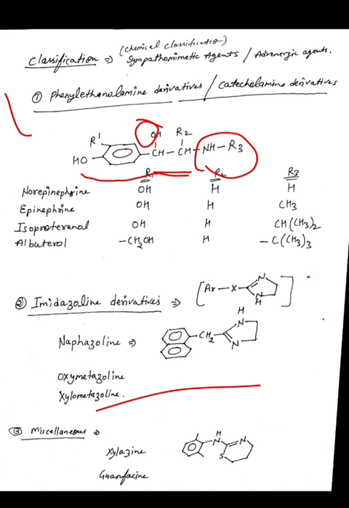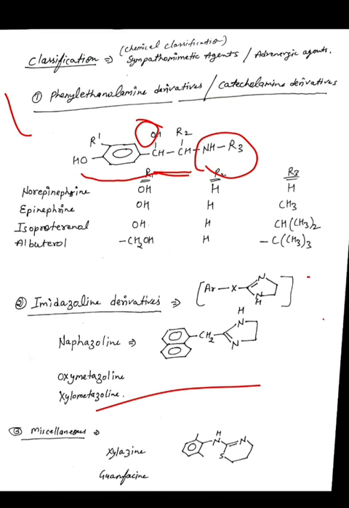And then we have epinephrine, same, R1 is OH group, R2 is H, and R3 is a methyl group. Isoproterenol, same, R1 will be the hydroxyl group, R2 will be the hydrogen, and this R3 moiety will be isopropyl group.